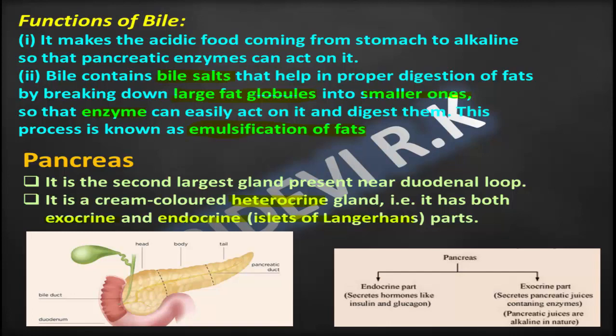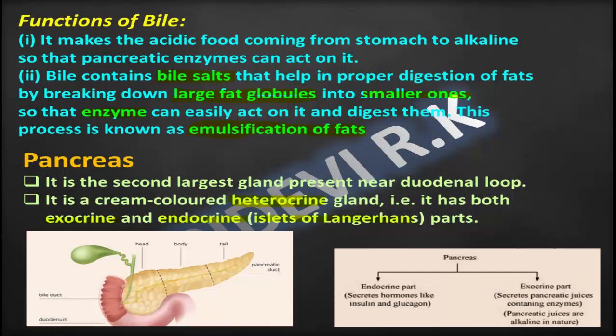Then what is the difference between exocrine and endocrine glands? Glands with ducts are called exocrine glands, and their secretion is called juice.